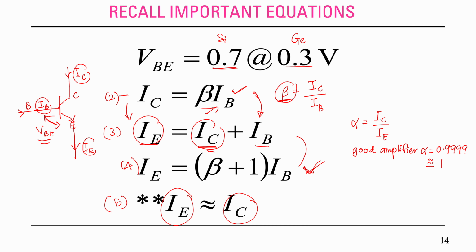So if alpha is almost equal to 1, meaning IC divided by IE is equal to 1, therefore your IC is equal to IE. That's why this equation can be performed, by assuming that your transistor is a good amplifier.